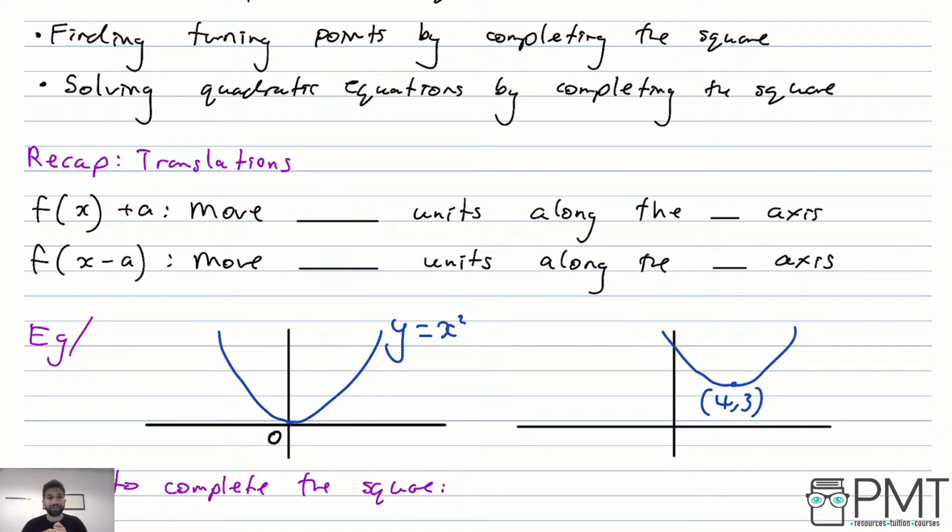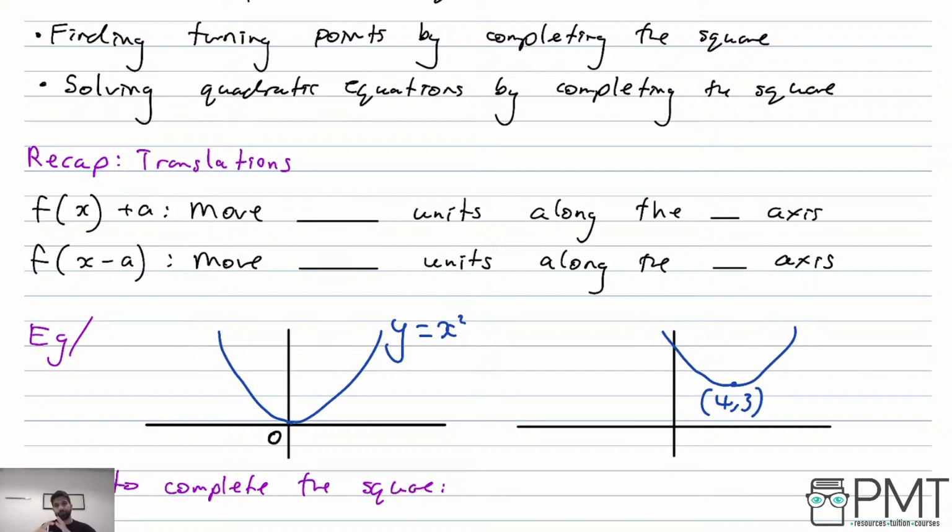What effect does this have in terms of moving the curve along? And also tell me what effect it would have if I add or subtract something inside the bracket to x itself.